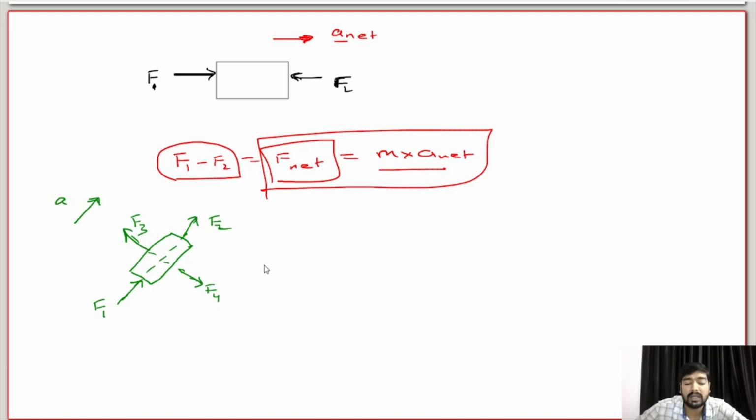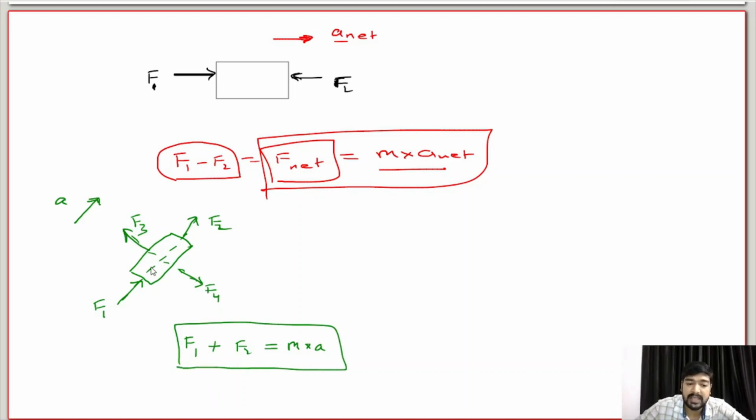So what I'll do with the equation is, because the body is moving in this direction, I'll take this direction as positive. So F1 in the direction of acceleration plus F2 in the direction of acceleration equals mass times this acceleration. It will be clearer in the questions when we move on.